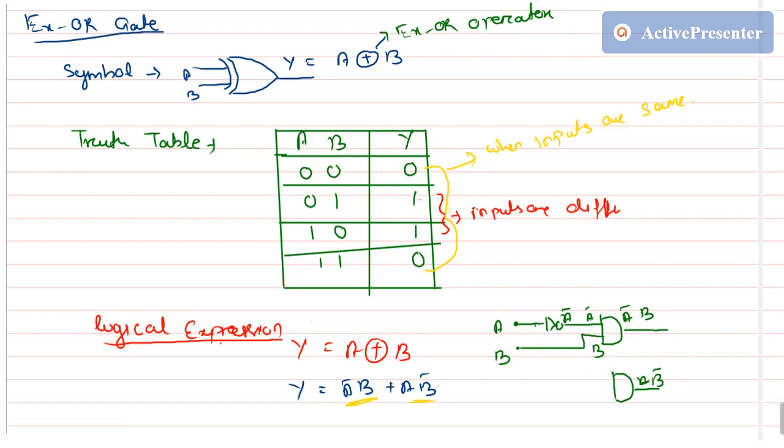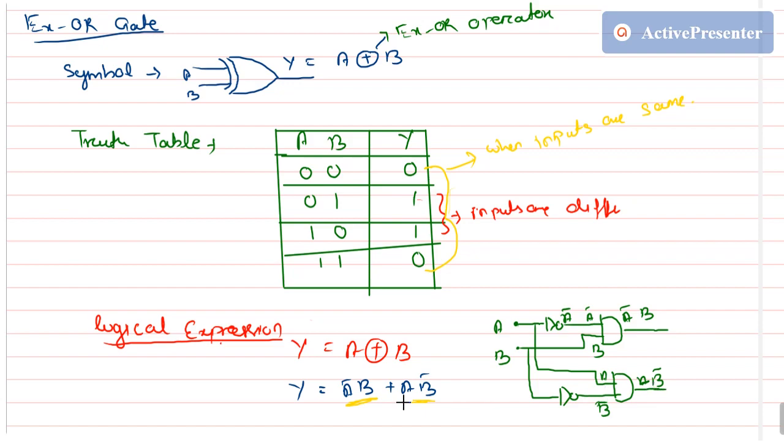Now you have A here, so you directly connect it, but you don't have B bar. So to get B bar, you need another NOT gate, and you connect it. So here you will get B bar, and here you will get simple A, not A bar. Okay, this is A, this is A B bar.